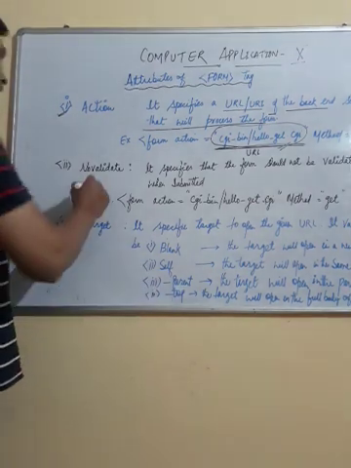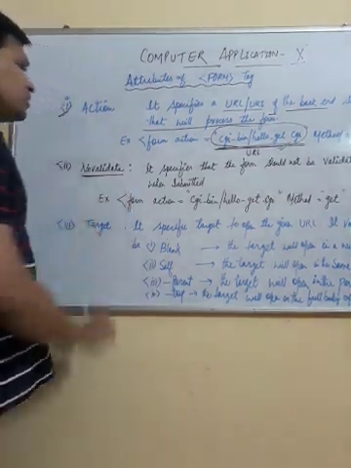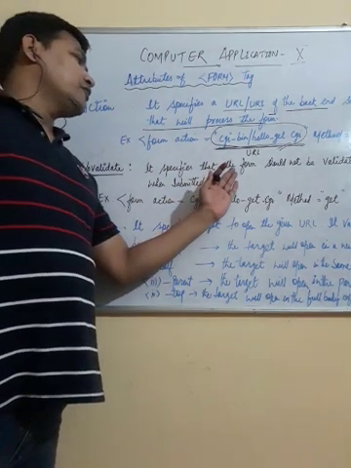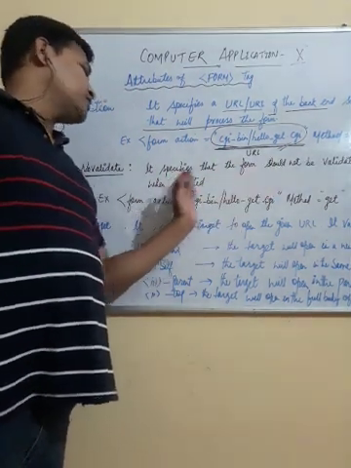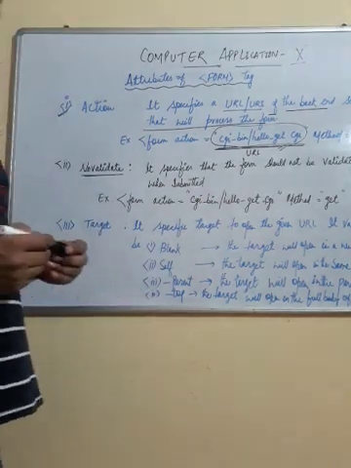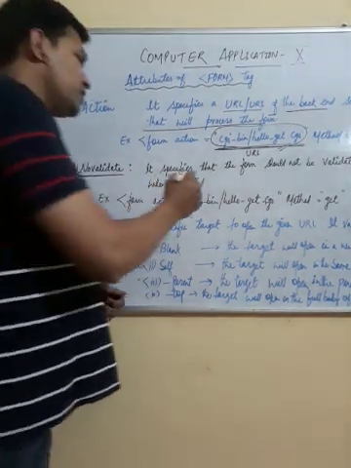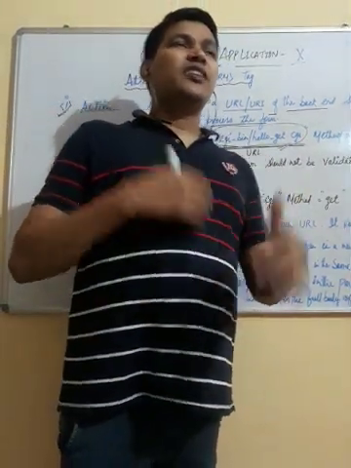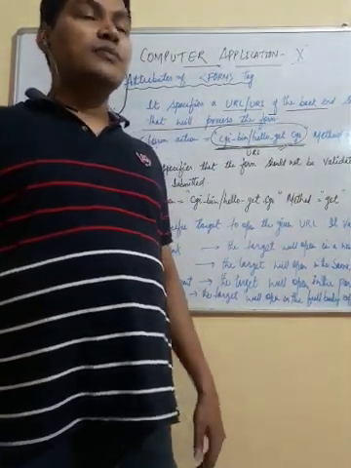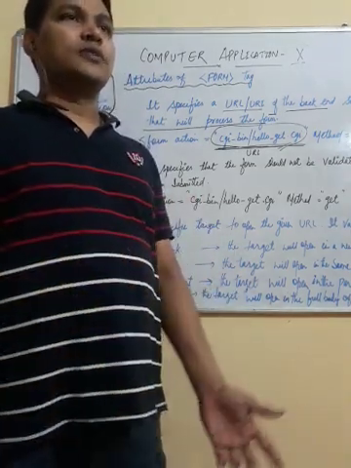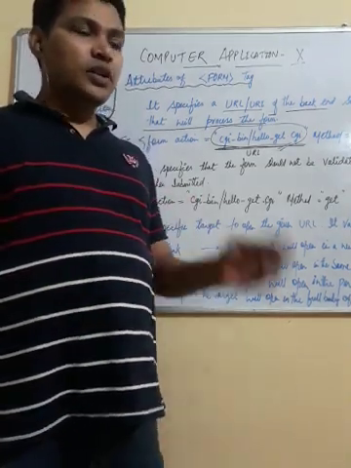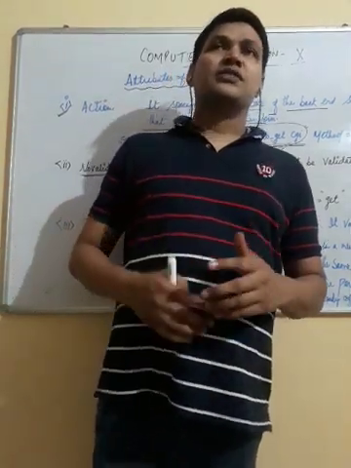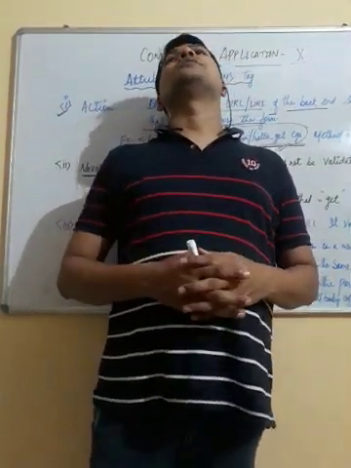Okay, the next attribute is novalidate. It specifies that the form should not be validated when submitted. Whenever you are submitting a form, when you forget to type something and you click on the submit button, it will check whether all the content has been filled in by the user or not.